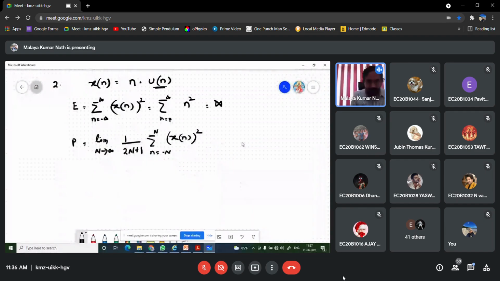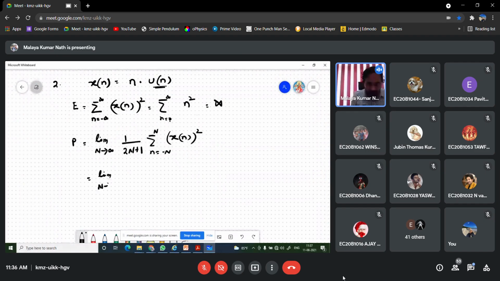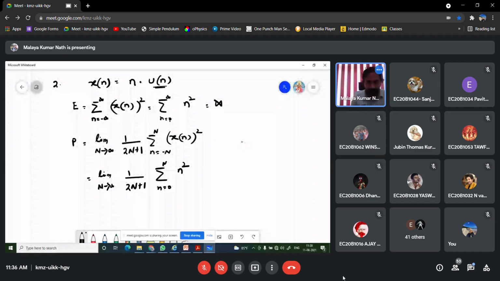As this is n into u[n], I can write limit N tends to infinity of 1 upon 2N plus 1, summation n equal to 0 to N of n squared. Am I right or not? Now how much will it become? Applying L'Hospital rule, you will see this becomes infinite as well.